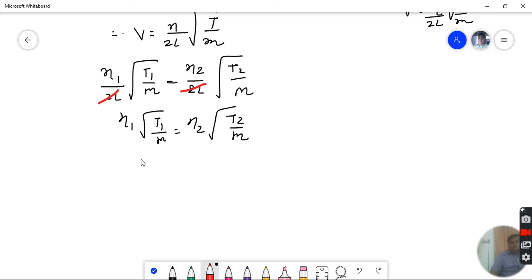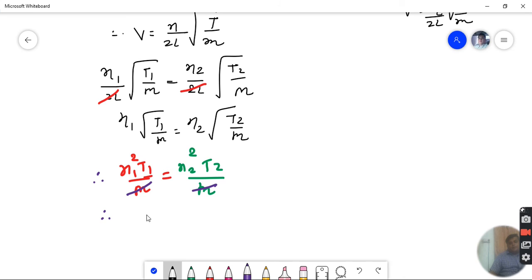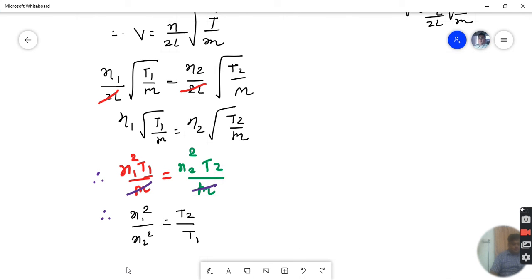First of all, squaring both sides: n1 square T1 upon M equals n2 square T2 upon M. Therefore M cancels, and n1 square upon n2 square equals T2 upon T1.